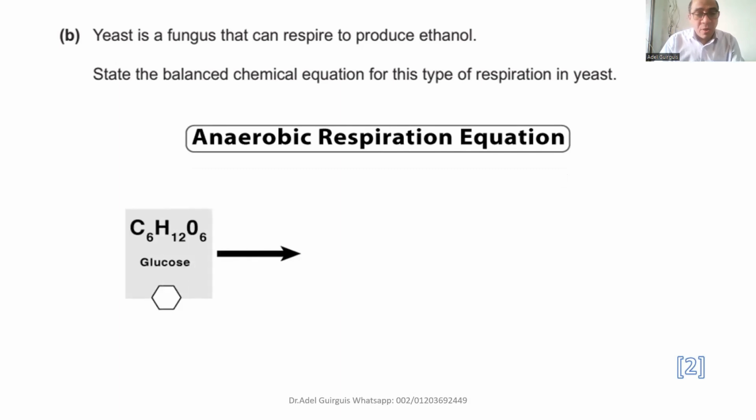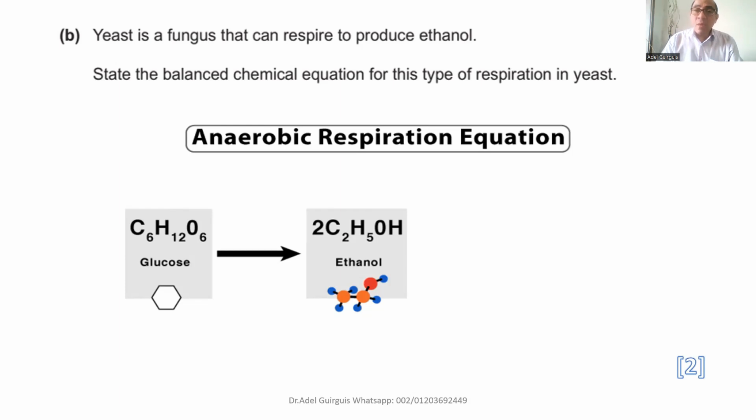So in anaerobic respiration, the yeast only uses glucose without the presence of oxygen, and glucose reacts or decomposes into ethanol, still containing a lot of energy in chemical bonds between carbon, hydrogen, and oxygen.